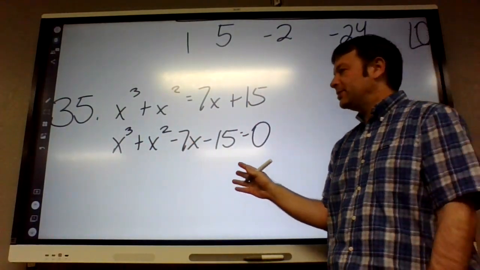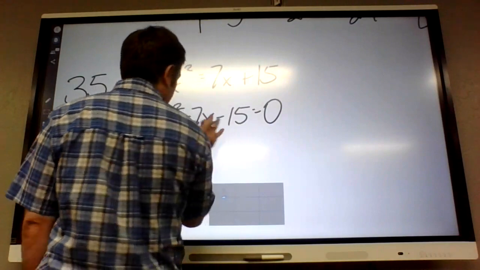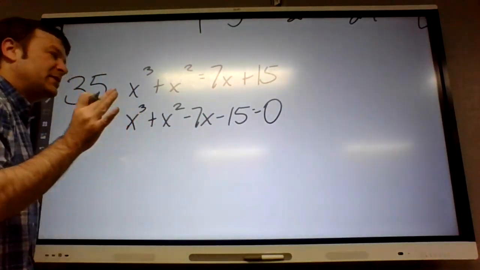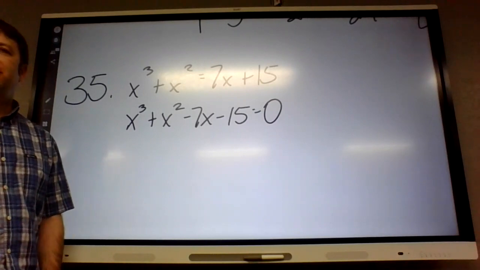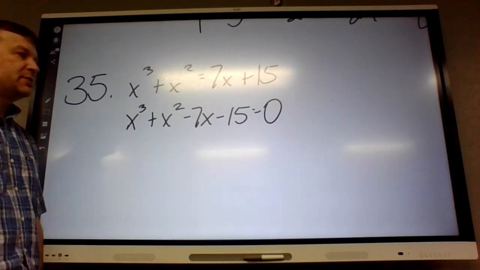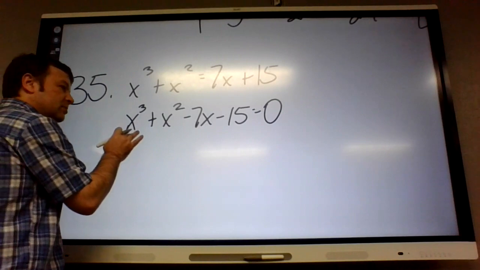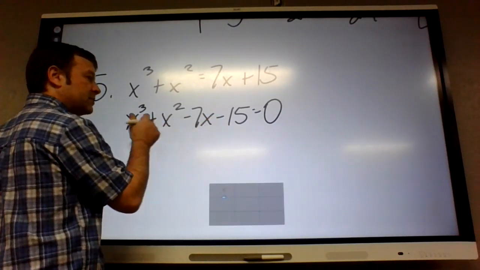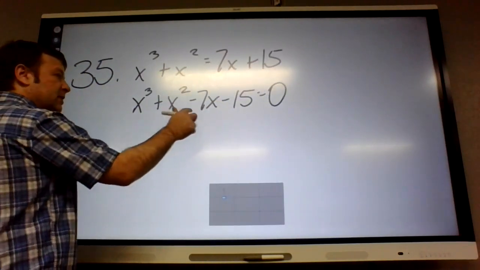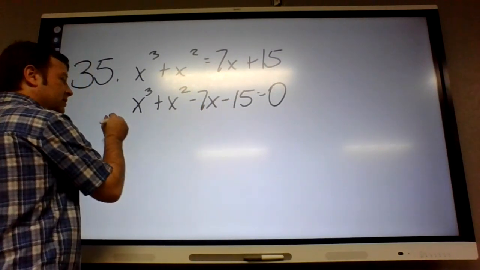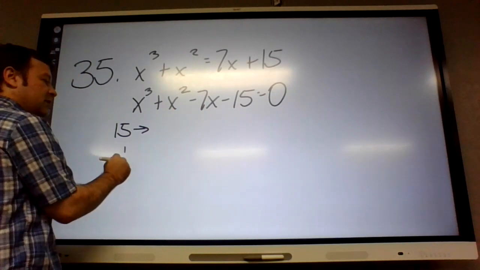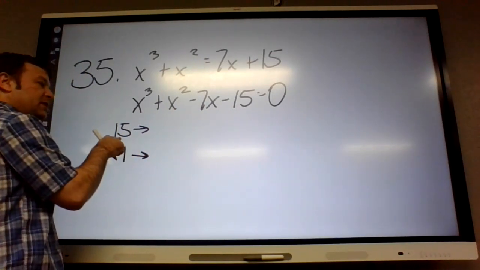Occasionally there is, but not usually. So this does not factor. If it doesn't factor, how can I find an answer? Rational root theorem. So what are the possible rational roots? What are possible answers for this equation? Factors of 15 over factors of 1. Factors of 15.